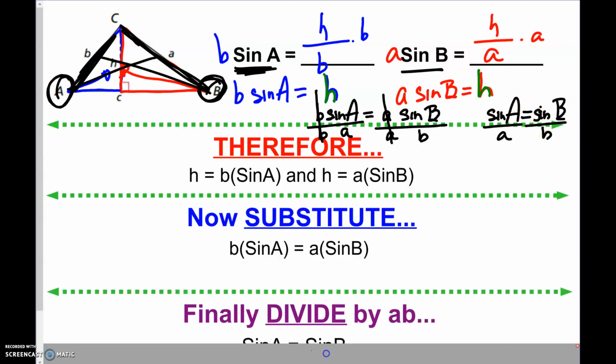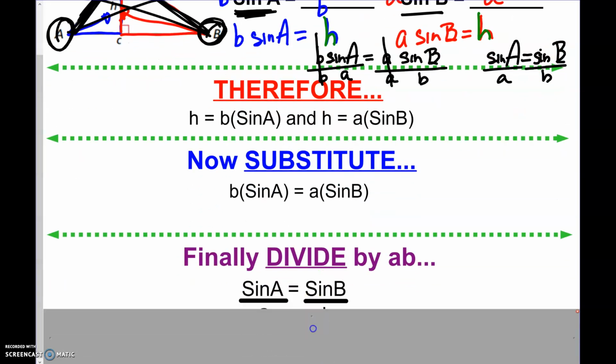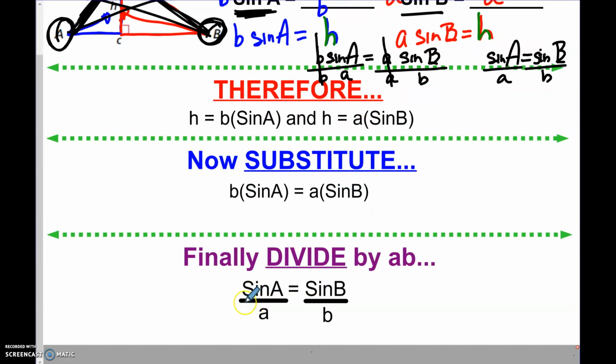And that original triangle that I started with, ABC, is not a right triangle. So we can use the law of sines for any triangle. It does not have to be just a right triangle.